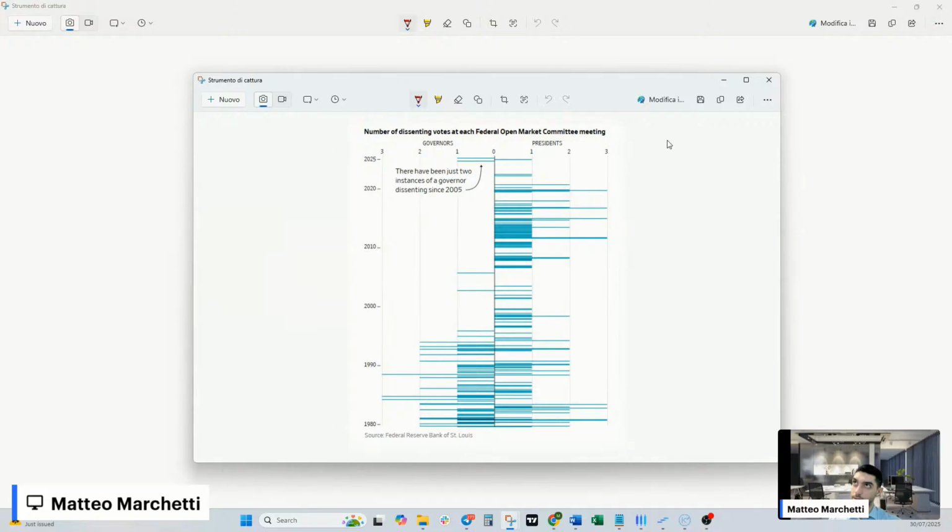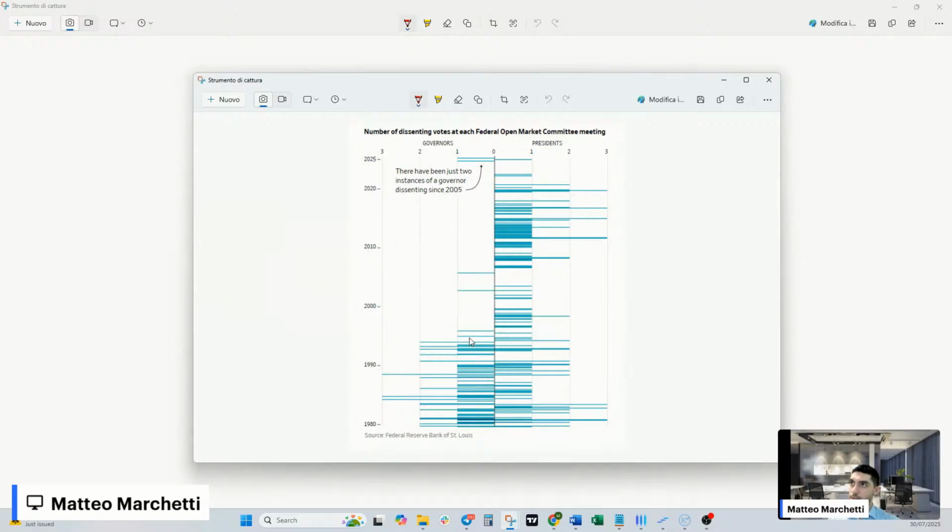I took this chart from the article. What we can see in this chart is the number, 3, 2, 1, or 0, of governors that disagreed with the final decision during the different FOMC meetings.